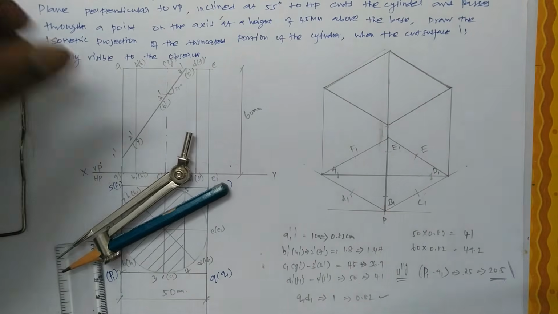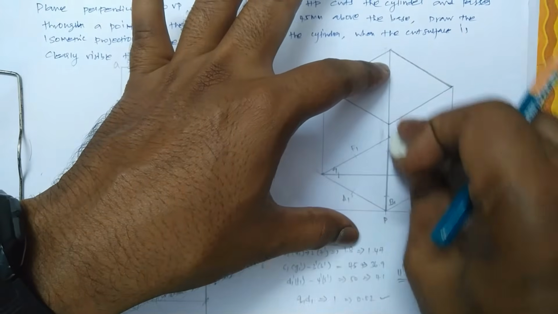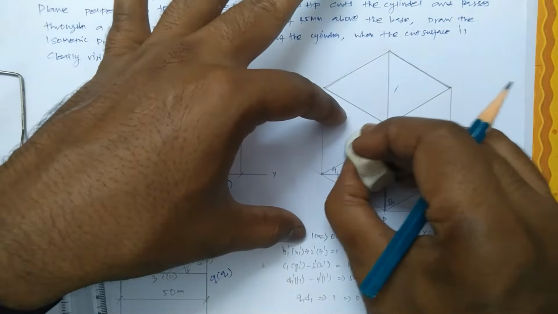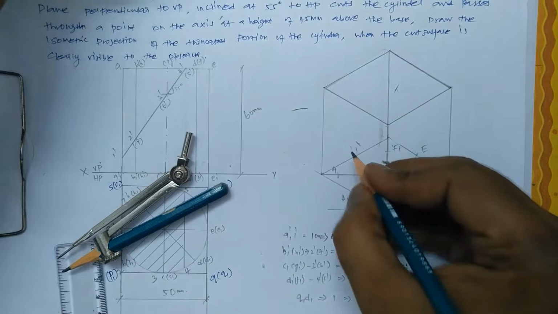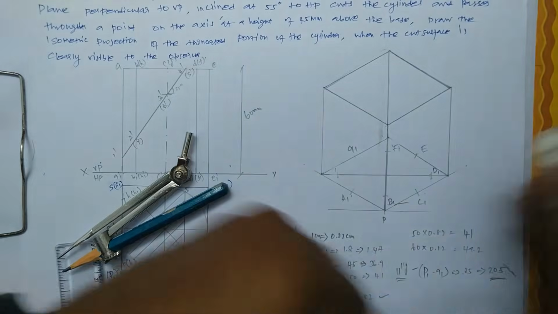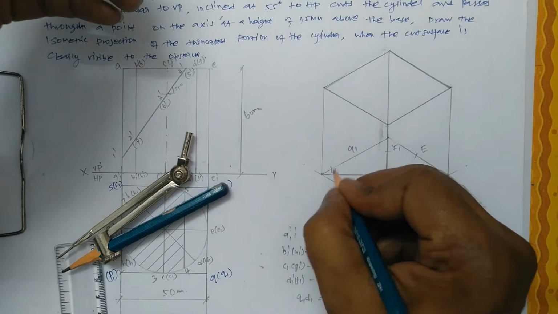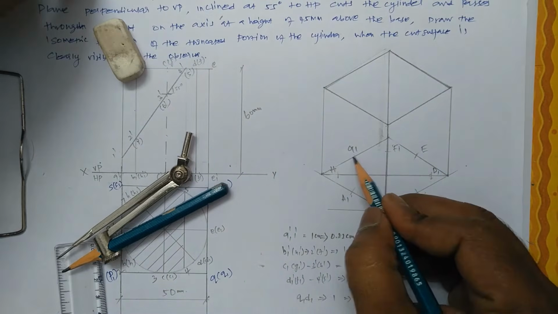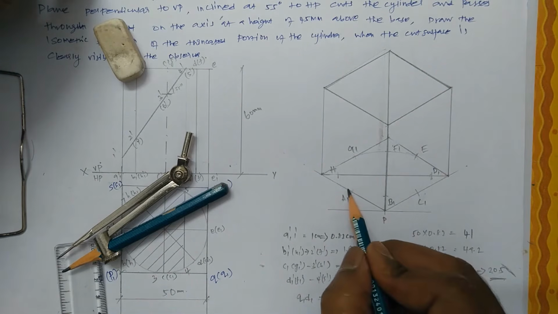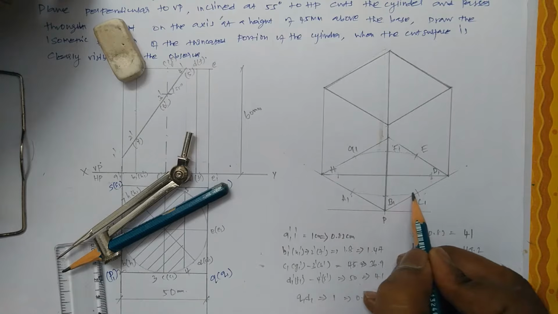That is F1. Now this is G1 and H1. The same points H1. The same points are to be transferred in a vertical plane, and you will be able to finish the circle.